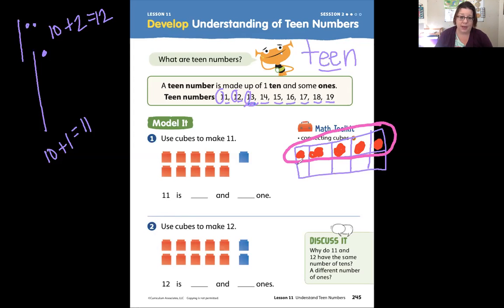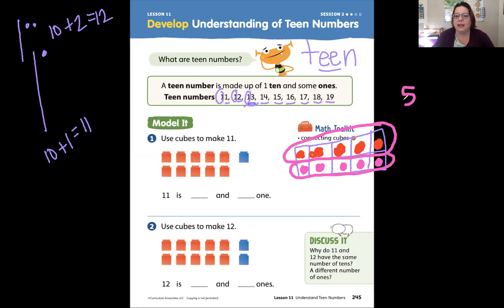Now, if I'm going down to that bottom row, I have 1, 2, 3, 4, 5 again, right? Hey, that's like our addition double. 5 plus 5 equals 10. So we have 5 on the top and 5 on the bottom.